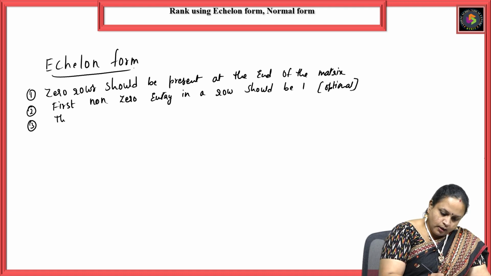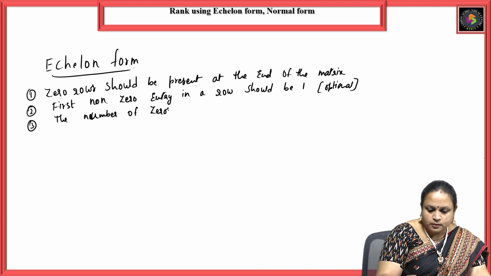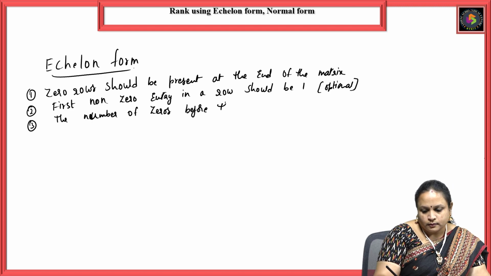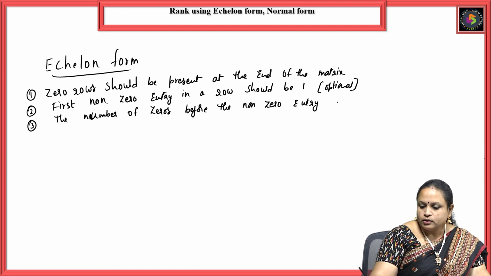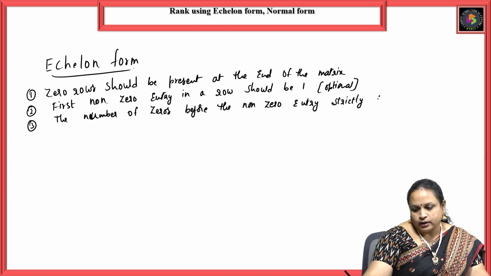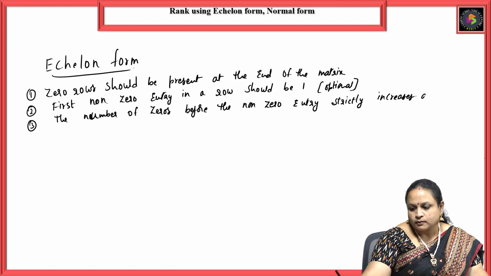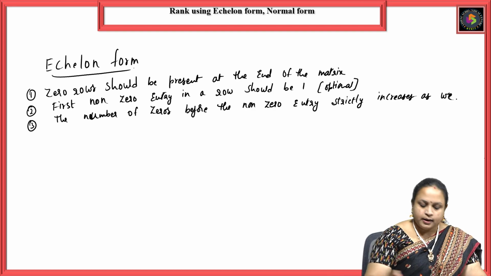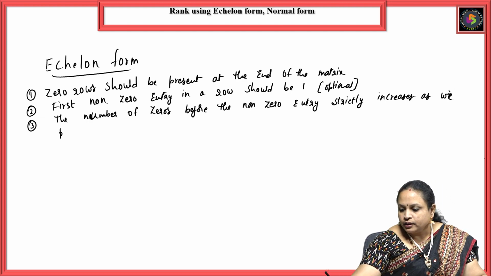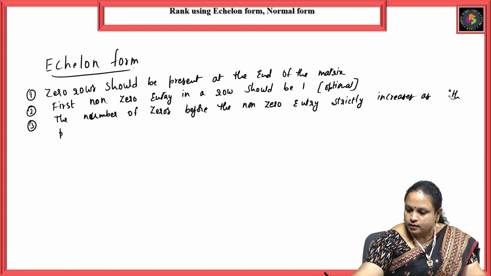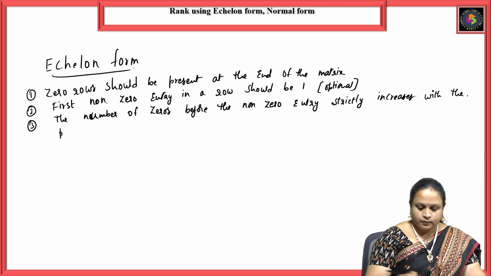Then the third condition is that the number of zeros before the non-zero entry strictly increases as we proceed from the first row to the last row, or strictly increases with the row number.